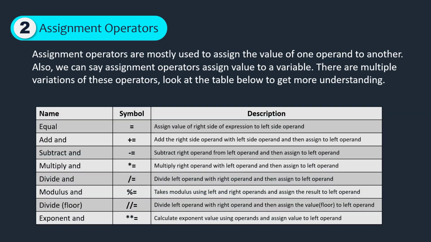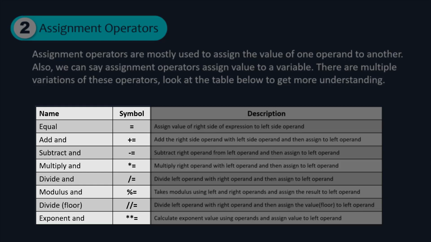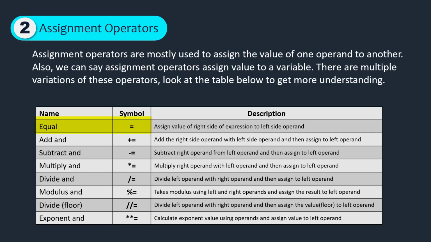So we have equal to, add and, subtract and, multiply and, divide and, modulus and, divide floor and, and exponent and. Don't get confused here. The first is almost clear to everyone: a equal b, so the value of b is being assigned to a. As mentioned, it assigns the value of the right side of the expression to the left side operand.